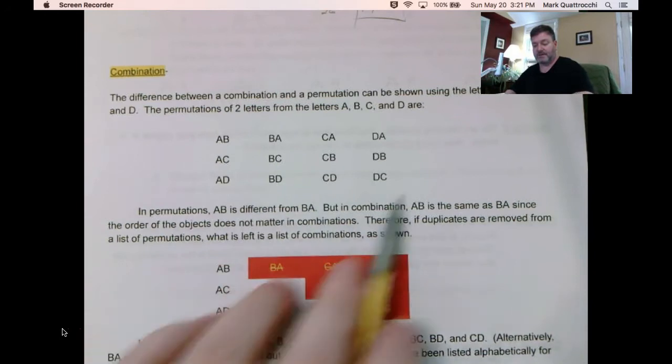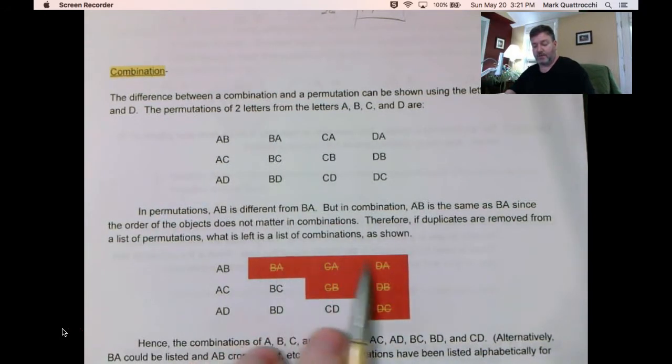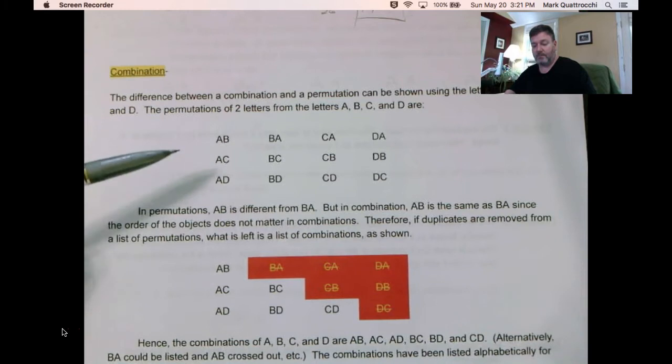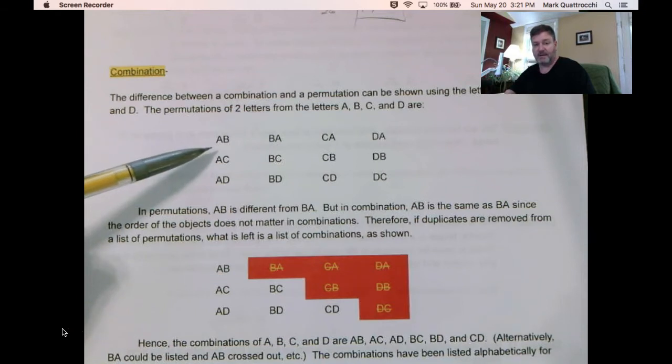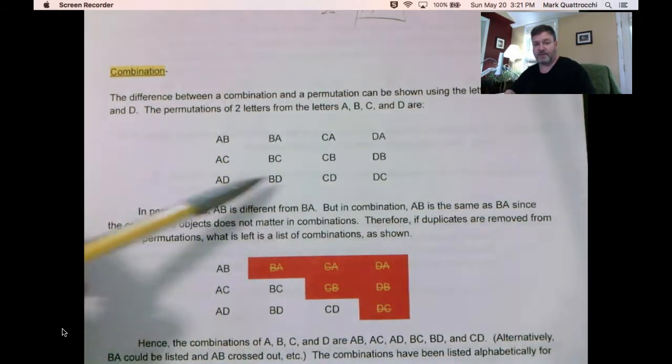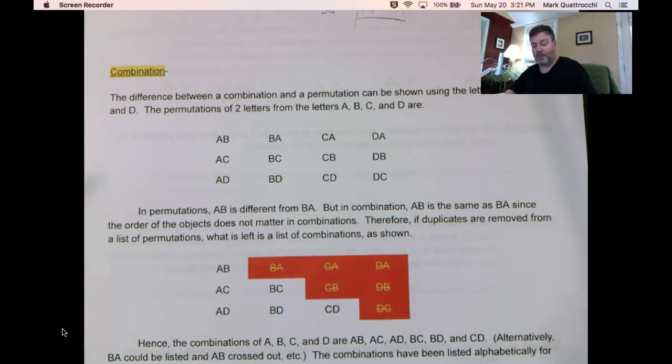So if this is our sample space, we can cross off all these ones because this is the same as this one, this is the same as this one, this is the same as this one, and so forth. So in permutations, if we had two-letter combinations of A, B, C, and D, there would be 12 possibilities. But in combinations, if the order didn't actually matter, then there's only 6 possibilities. Okay?